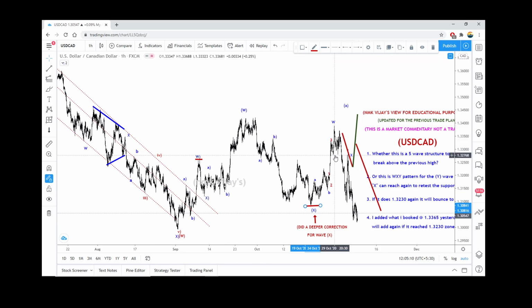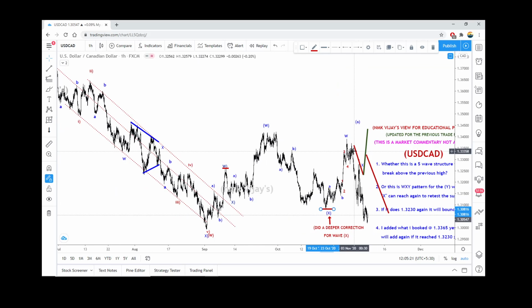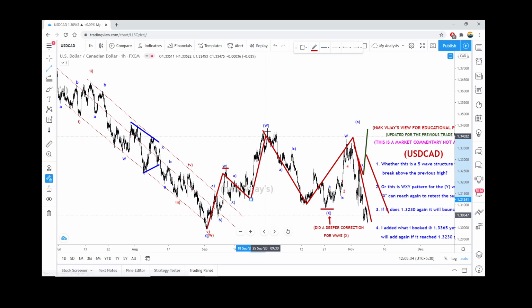What we expected it won't do, but we can expect that possibility, and that is also valid. We don't want to be biased, and we have to see the wave structure. Now this could be a B and C. It's finished. This is also A, this is also B, and C finished.